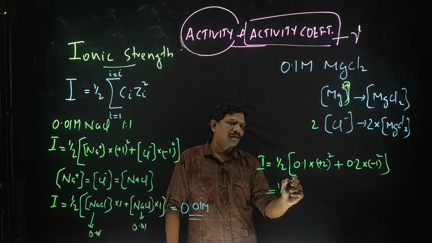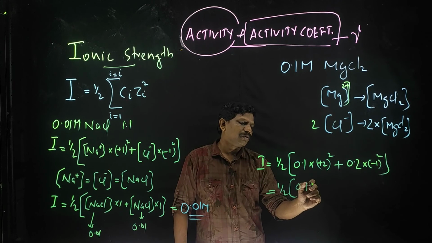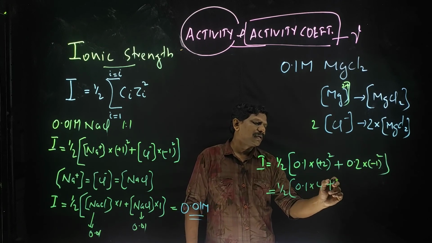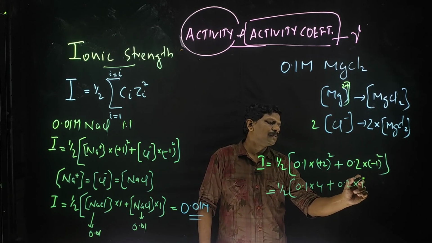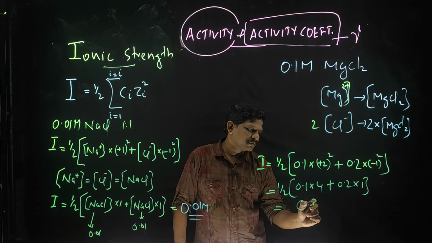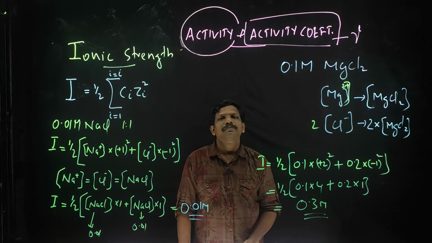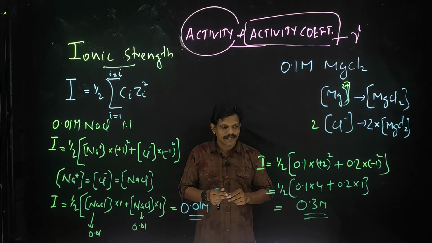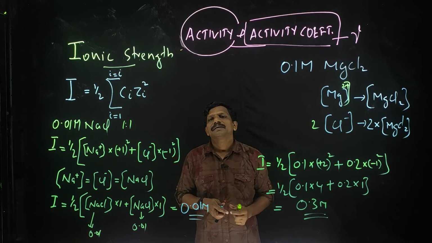That is half into 0.1 into 4 plus 0.2 into 1, and you will get 0.3 molar. So this is the ionic strength of this particular solution.